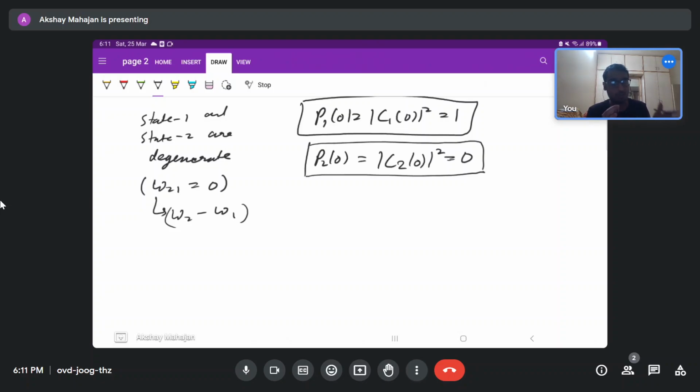And then we suddenly stop that perturbation. As soon as we stop that perturbation, the composition will be fixed. We apply the perturbation till the composition becomes 0.5, and then we extinguish the perturbation.